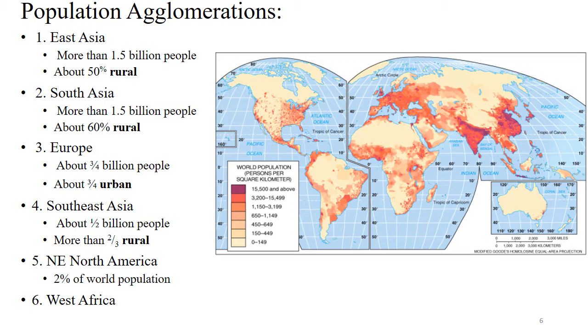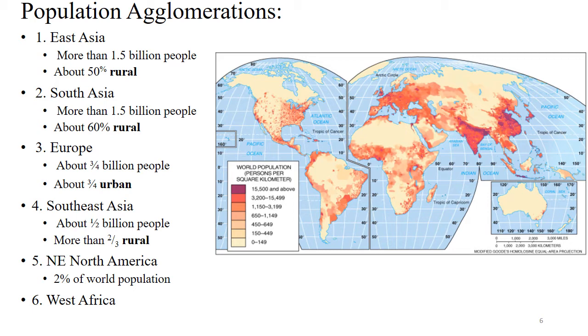You can think of the area from Boston to Washington, D.C., maybe even over to Chicago and up into parts of Quebec in Canada, as all contained in this emerging population agglomeration. Something like 2% of the world's population lives within that area. Another spot would be in West Africa, particularly around the country of Nigeria, the most populated country in Africa.